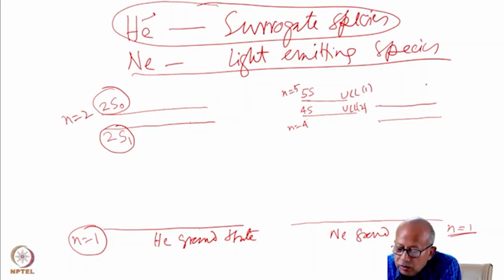This is actually the third electronic excited state, denoted as 4p, so n equal to 4.